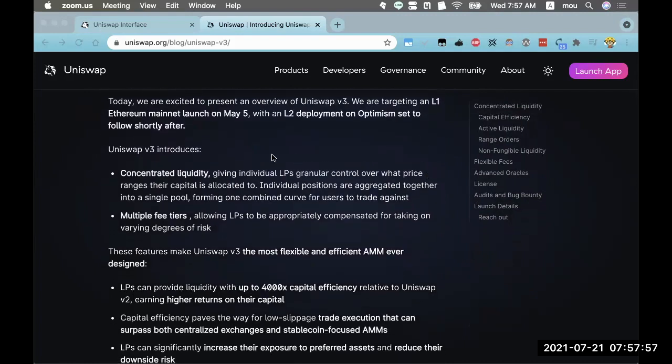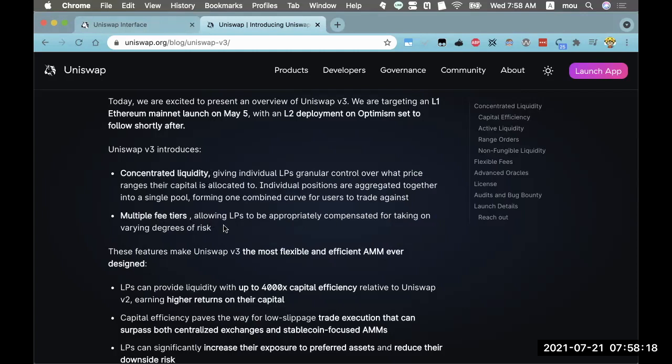So the main difference about V3 is that it gives you the ability to put in concentrated liquidity, meaning you can set a closed interval for your liquidity.